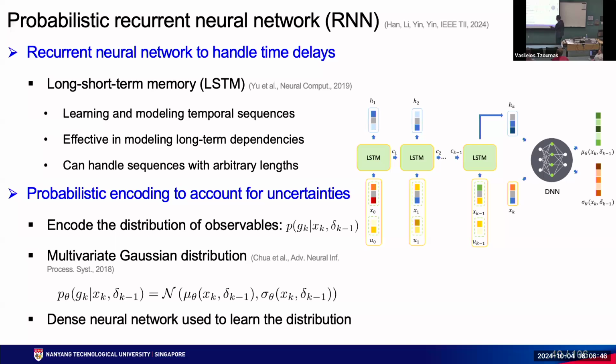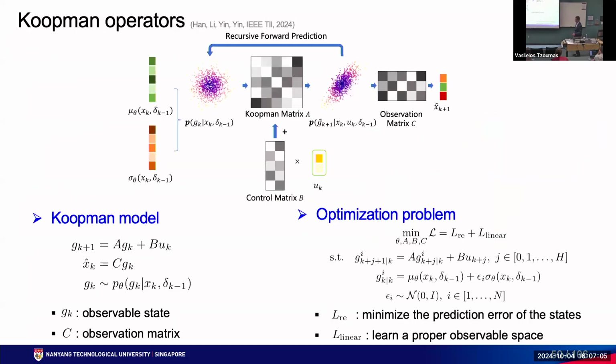We extract the information, the cell state, from previous system states and encode it. Eventually, we have two neural networks. We use X, U, and the encoded state from the LSTM to infer the future system state in the lifted space, as well as the disturbance. And this is the Koopman model structure.